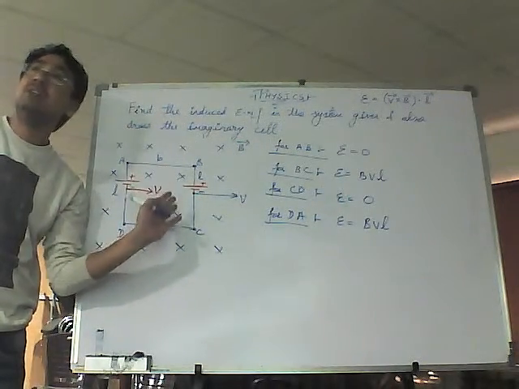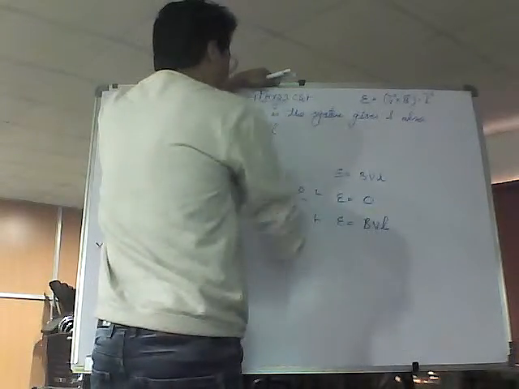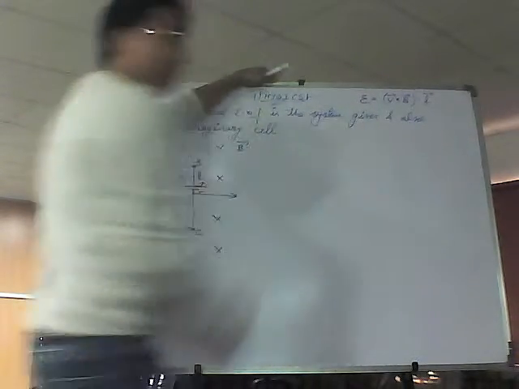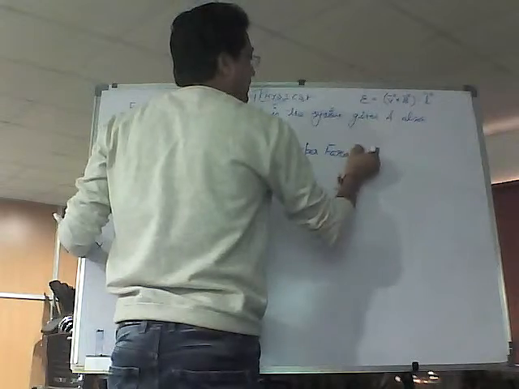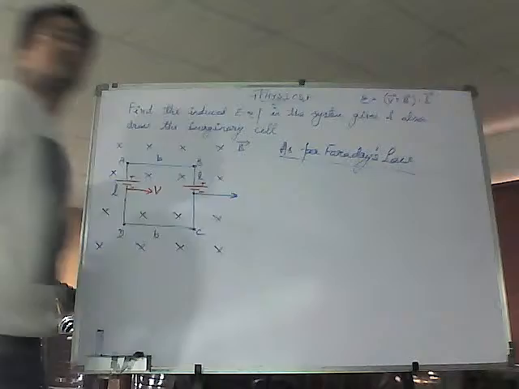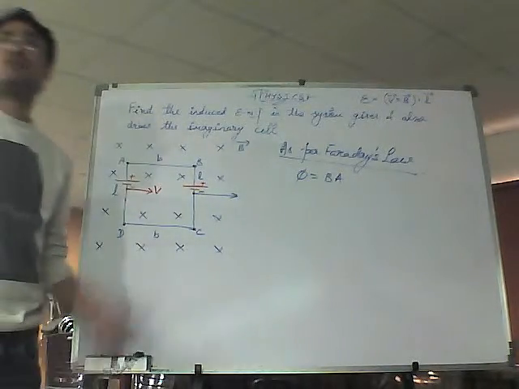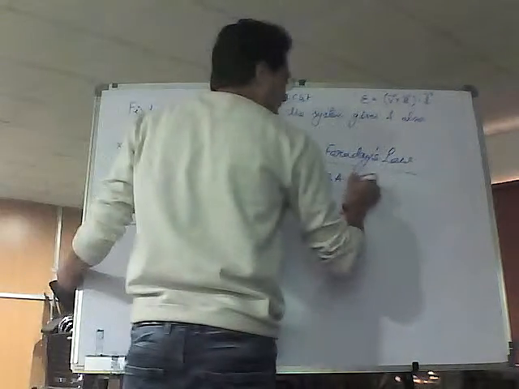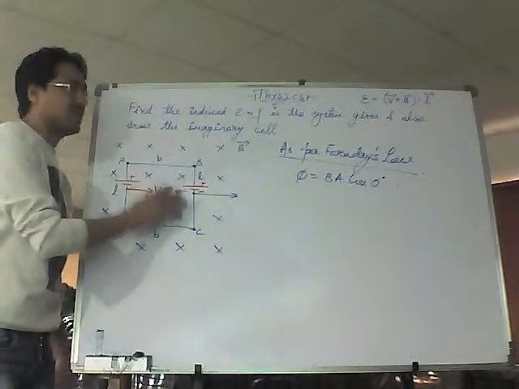ठीक है, now there is one more way to see this. Maybe आप लोगों ने शायद वही प्रोसेस देखा होगा। There is one more way to see this which is as per Faraday's law. Faraday's law के हिसाब से देखोगे तो फ्लक्स phi which is BA cos theta, magnetic field into area into cos of theta, ये यहाँ पे 0 डिग्री। If you see, is there a change in magnetic flux?